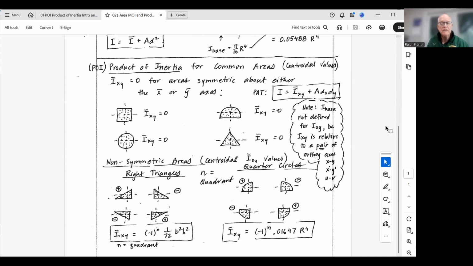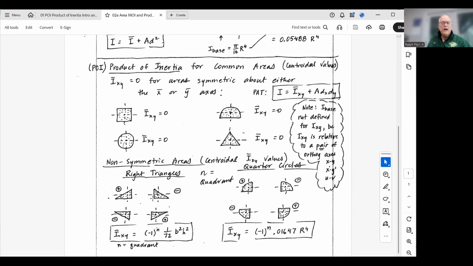That's nice. However, if you have triangles, right triangles, or quarter circles, they don't have an axis of symmetry in the horizontal or vertical direction. And so they will take on a positive or negative sign depending on their orientation. Not so much their quadrant, but their orientation.